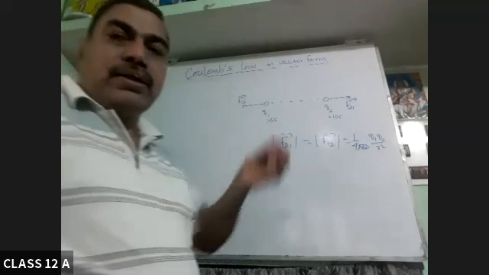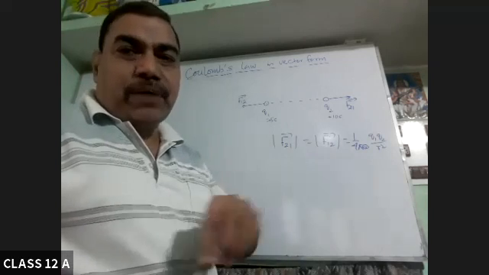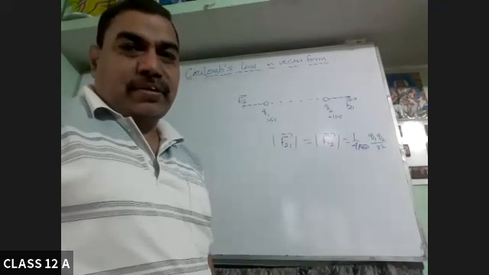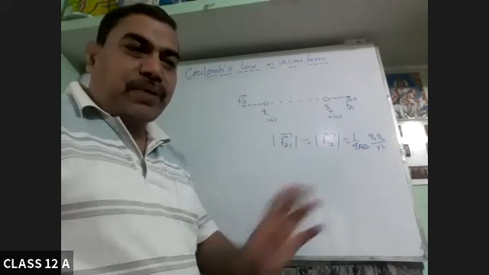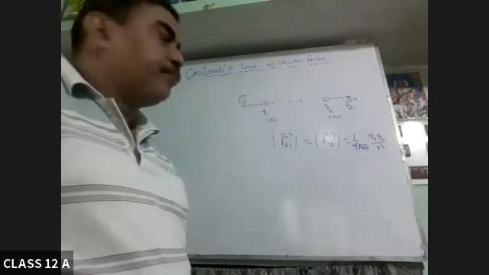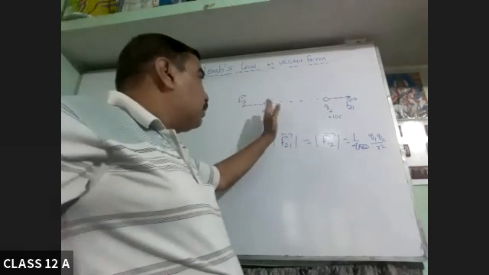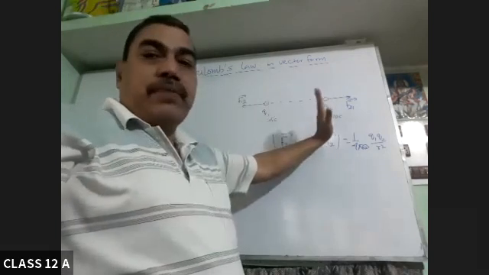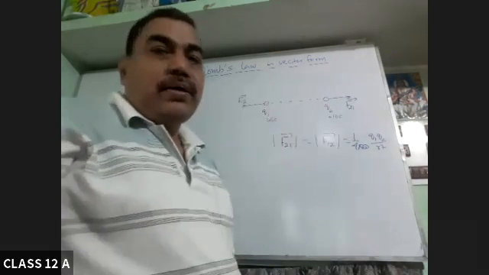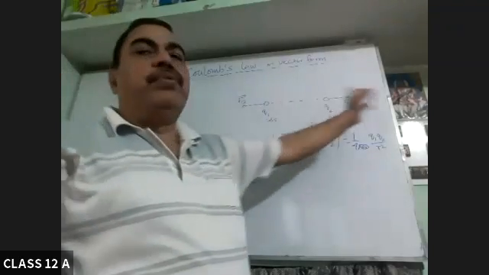Whatever force Earth is attracting the apple with, by the same force the apple is also attracting Earth. Both are experiencing force due to each other, and that force will be the same. So here also the force experienced by Q1 and by Q2 are equal in magnitude, but opposite in direction.